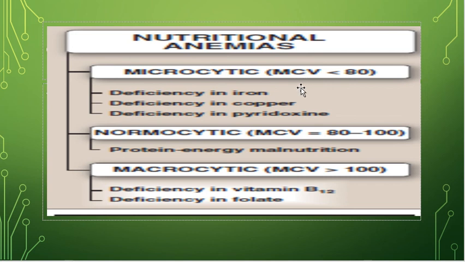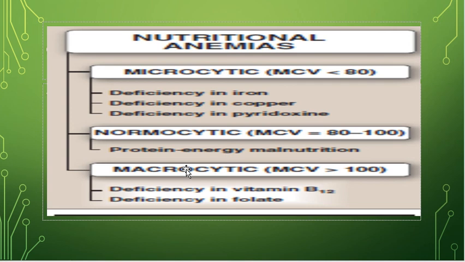The microcytic anemia caused by the lack of iron is the most common form of nutritional anemia, and may also be due to copper or pyridoxine deficiency. The second major category of nutritional anemia is macrocytic anemia, in which the MCV above normal results from deficiency in folic acid or vitamin B12.